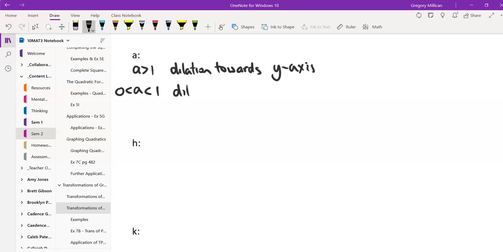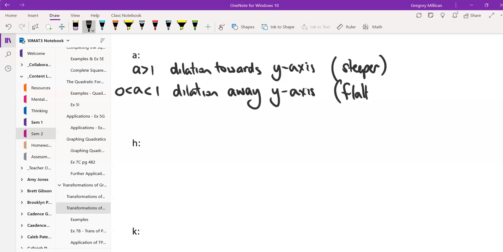So when it's greater than 1, it's getting steeper. When it's a fraction between 0 and 1, it's getting flatter. And if you're not sure about this, just play with your slider and have a look. Try different values in those ranges.